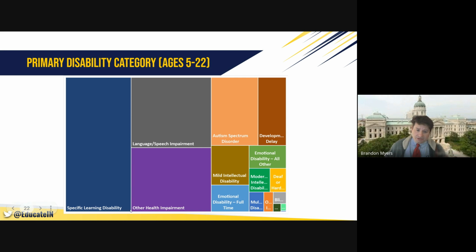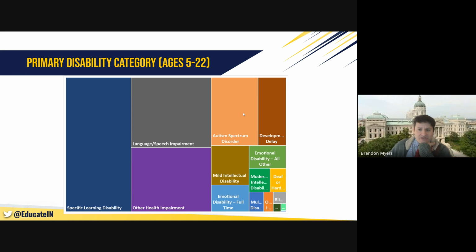And this area shows you kind of how it's fitting into the whole picture. It's a little less now, but it was about a third of our kids who were specific learning disability. Language and speech is our second, and other health impairment is the third. And we'll look at the growth of that here in a second.